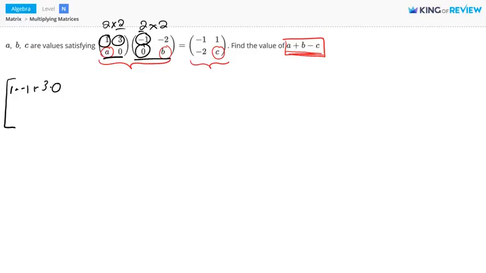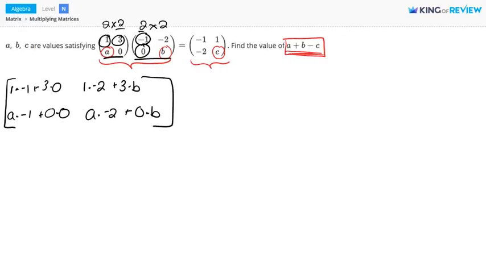That's our first entry. Our next entry is going to be A times negative 1 plus 0 times 0. Moving on to the second column, we get 1 times negative 2 plus 3 times b. And our final entry is A times negative 2 plus 0 times b.